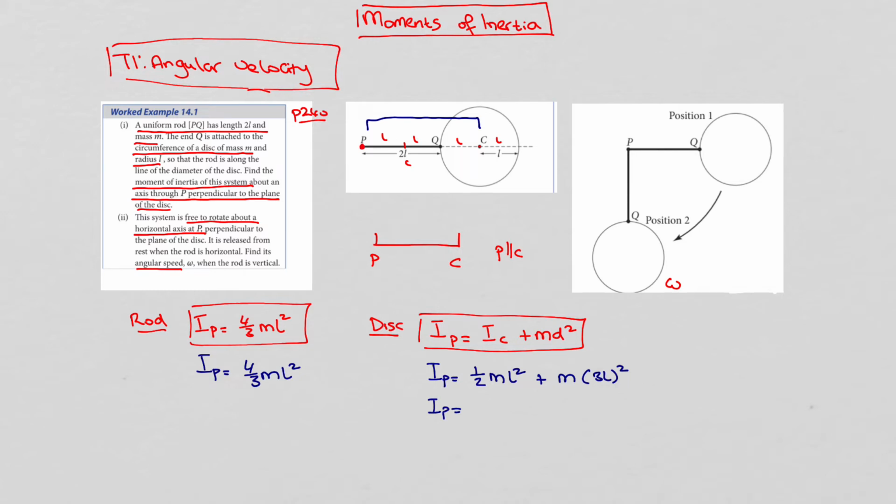So therefore that's going to be a half ml squared plus 9 ml squared. So the moment of inertia of the disc through the axis P is 19 over 2 ml squared.